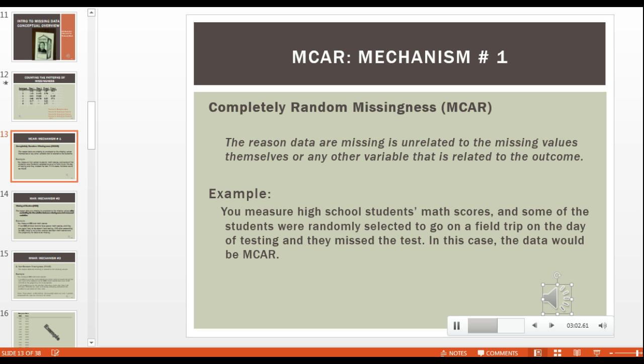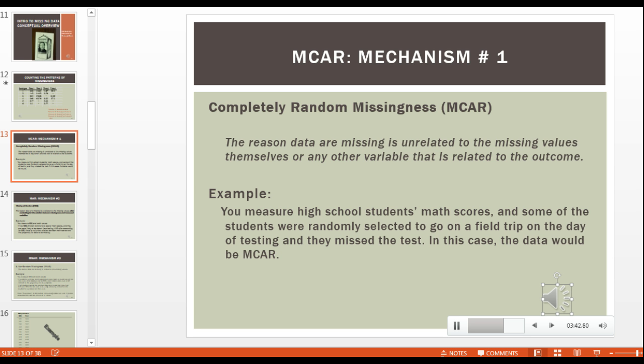Missing completely at random would say that people who are high in negative affectivity are no more or less likely to give us incomplete data than those who are low on negative affectivity. So we have some variable that is impacting our DV or statistically associated with the DV, and if people who have that particular trait are more or less likely to give us incomplete data, then we have missingness that's correlated with something, and that can bias our results, which I will talk more about later.